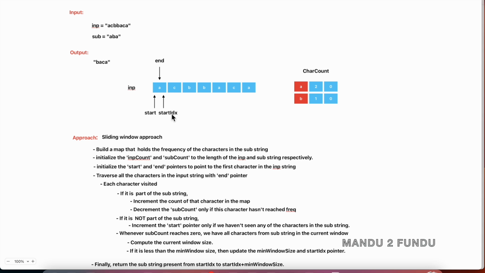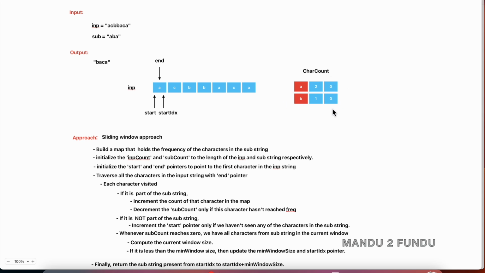So we update the start index with the current start pointer, and also update the minimum window size. In order to check whether all the characters are present in the window, we need some metadata, which is how many times each character occurs in the second string. As we see a character, we update the count, which reflects the current number of characters we have seen so far.